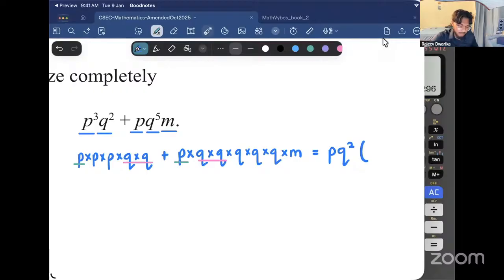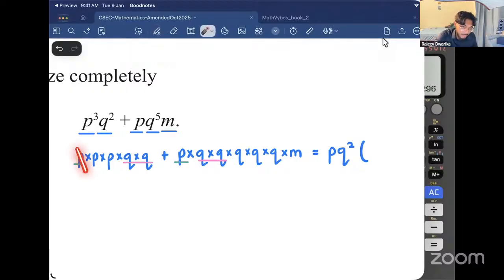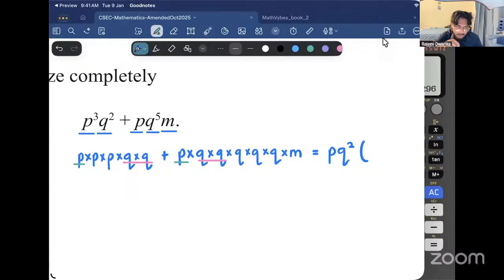So I pulled out the P over here and I pulled out the Q by Q. What is left? Two P's, so P by P. Now P by P is the same thing as P to what power? P to the power 2, P squared. Yes, that's correct.